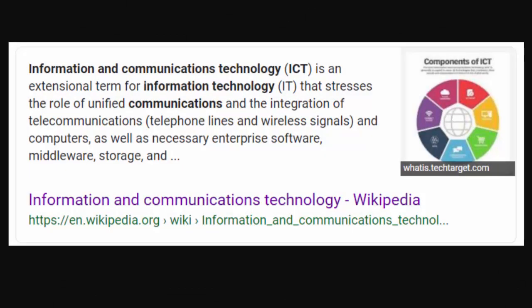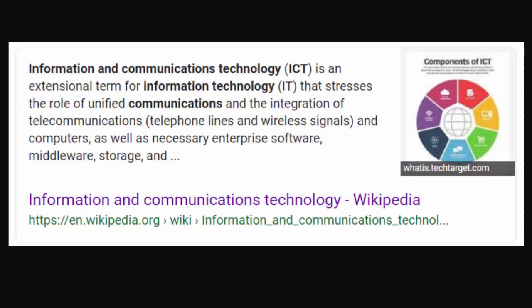So this is an ICT class. ICT is Information and Communication Technology. This is the definition that is in Wikipedia at the time when I am recording this. And it's an extension of the term for information technology that stresses, and this is important, the role of unified communication and the integration of telecommunications and computers, as well as the necessary enterprise software, et cetera. The important part about this is, again, it's to help us to communicate with each other.